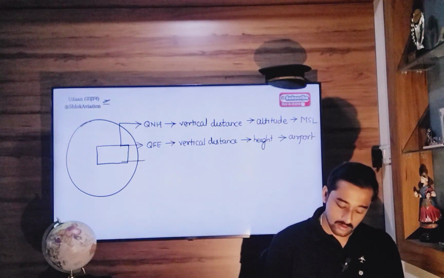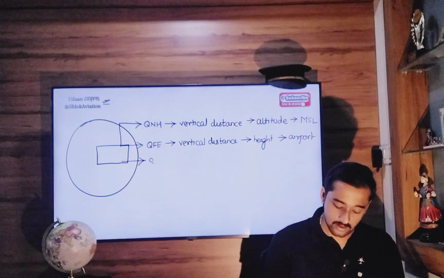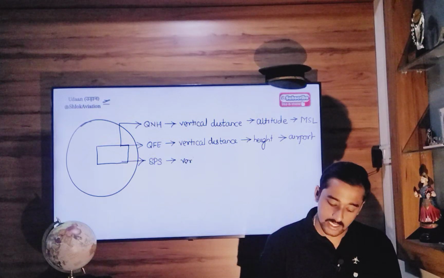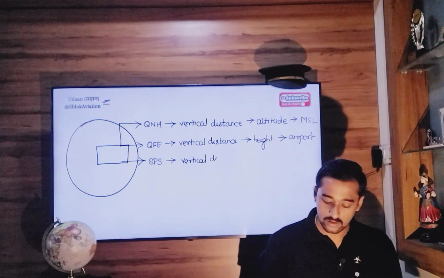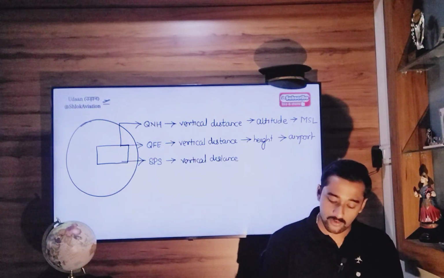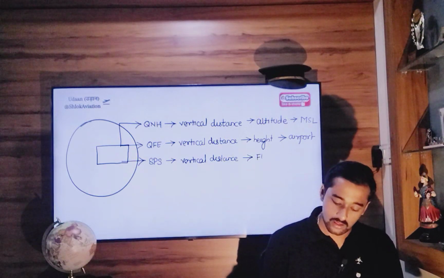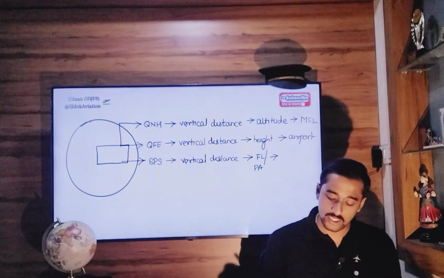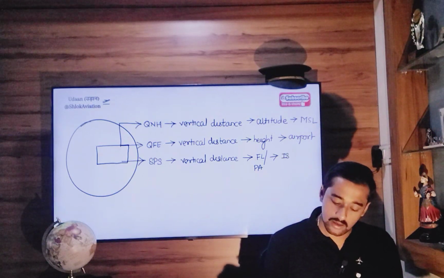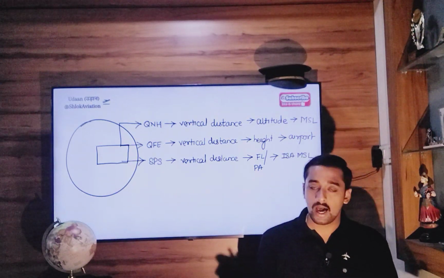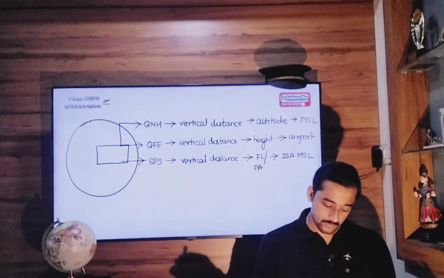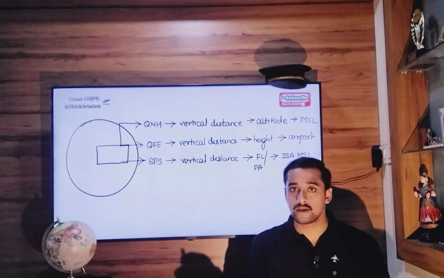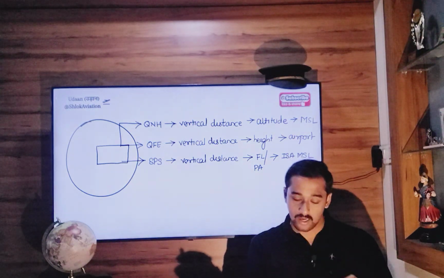If you put standard pressure setting 1013 or 29.92, you will get your vertical distance measured from the standard pressure setting datum, that is ISA mean sea level, the ISA datum. So depending on what pressure setting you put, you will get the corresponding vertical distance from the corresponding datum, right?